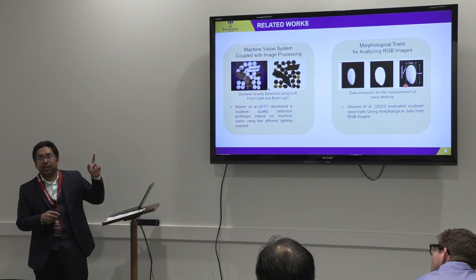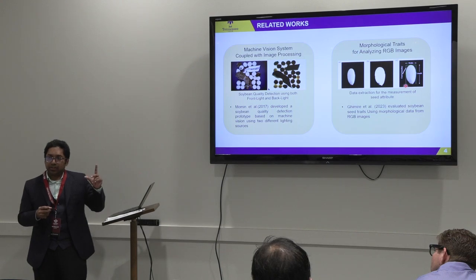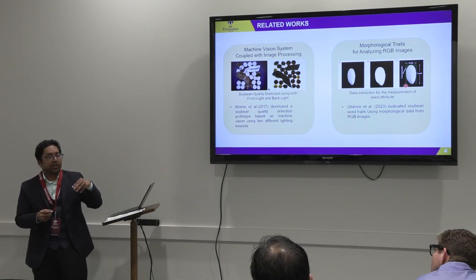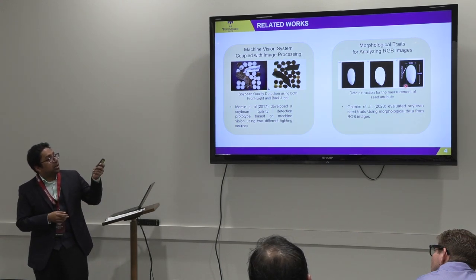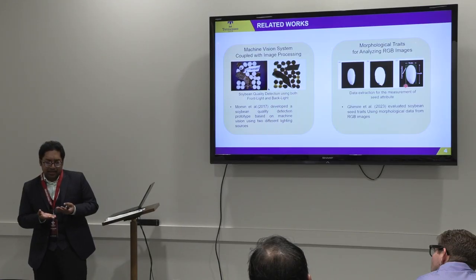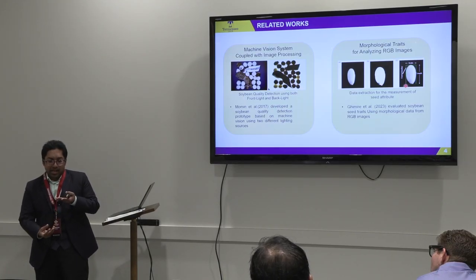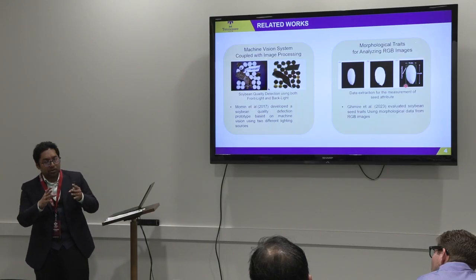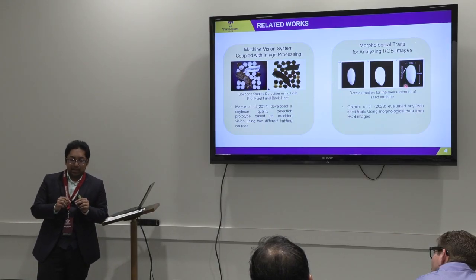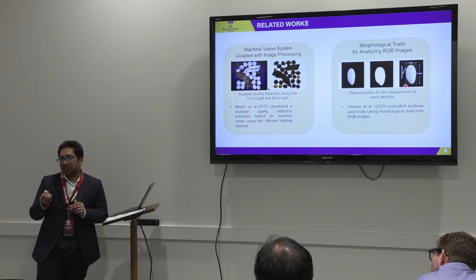They used two light sources, and instead we use one single light source. And they had a problem with the backlight because they use a glass plate, and under the glass plate they use the light. Normally when they put the soybeans, after a certain time there is some sand and grains, so you need to clean the glass plates.